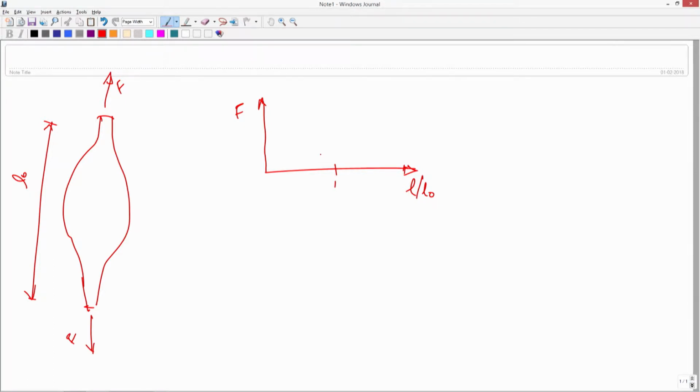I am starting to apply force. What is going to happen is, as I increase the length, it is going to be more and more tougher, it is going to be exponentially increasing, right. So, this is the force required to stretch.